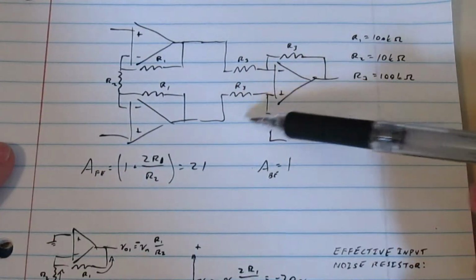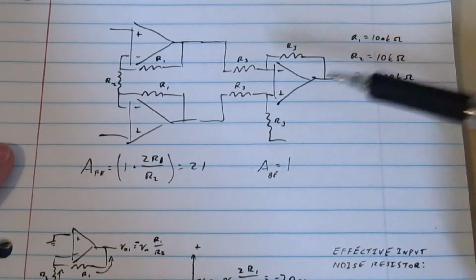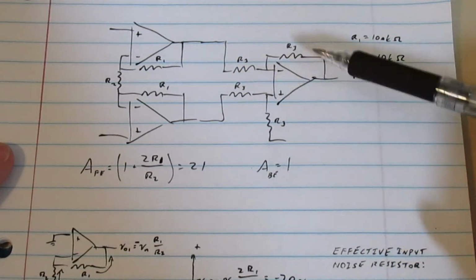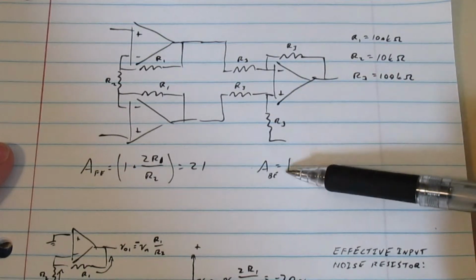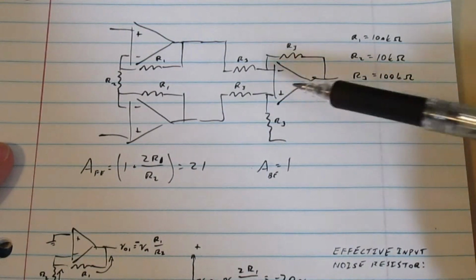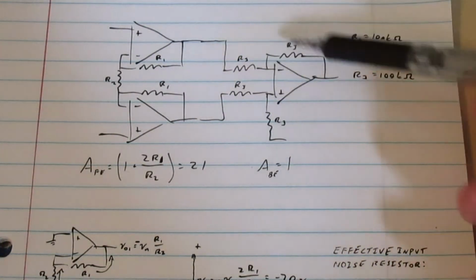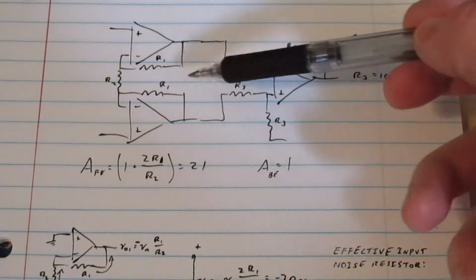And now we can look at the noise of the back end, which I'm just going to gloss over a bit because it's pretty simple. Some of these resistors have noise sources that show up at the input of the back end, some have noise sources that show up at the output of the back end, but since the gain of the back end is 1, that doesn't really matter, and they basically all show up at the input. So here it's as though we have 400 kiloohms worth of noisy resistor all showing up at the output of the front end.